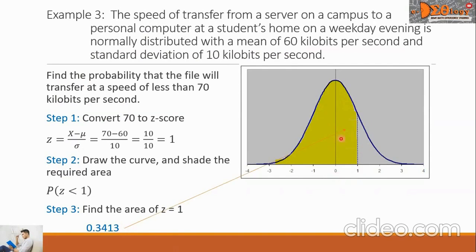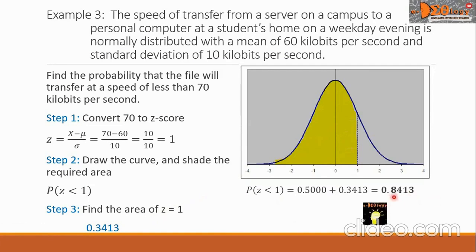This is the described area. So what we are going to do is to add 0.5 to this area. Now the sum is 0.8414. This is the desired area, and this is the probability.